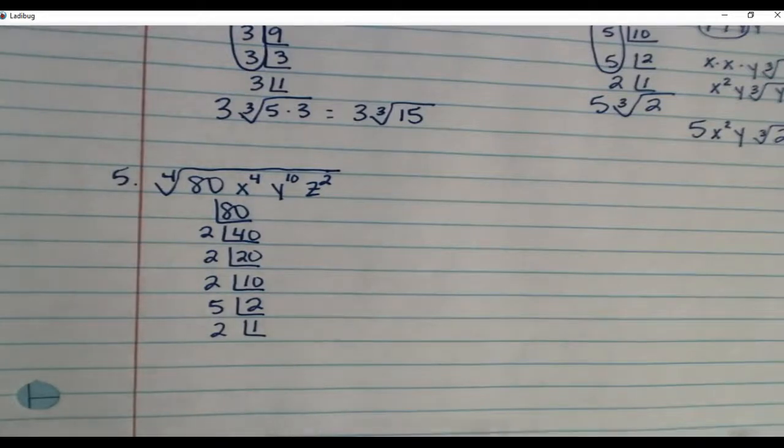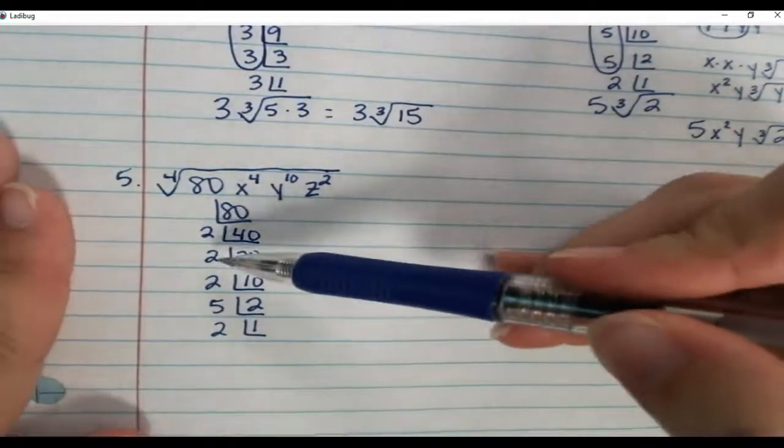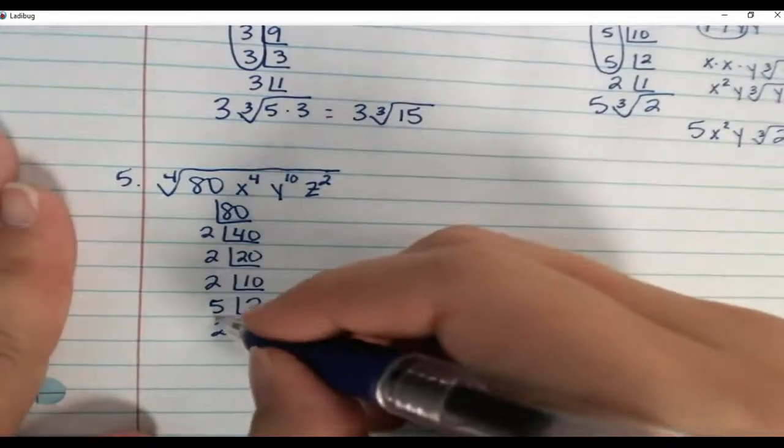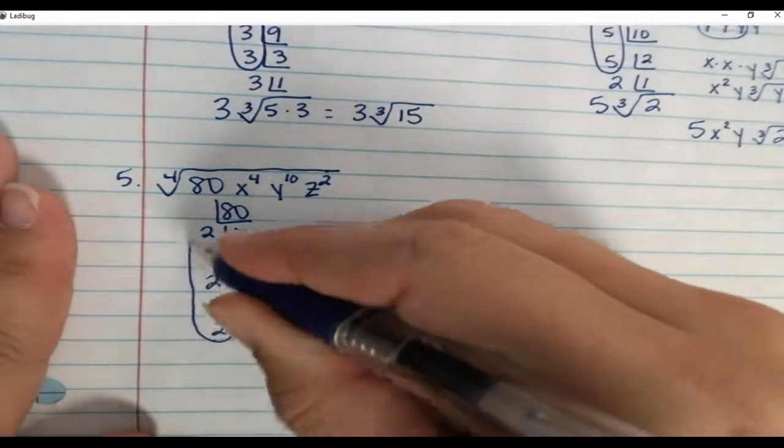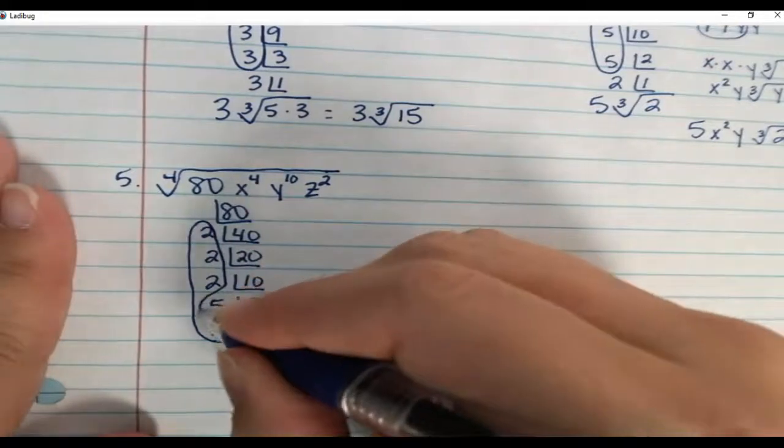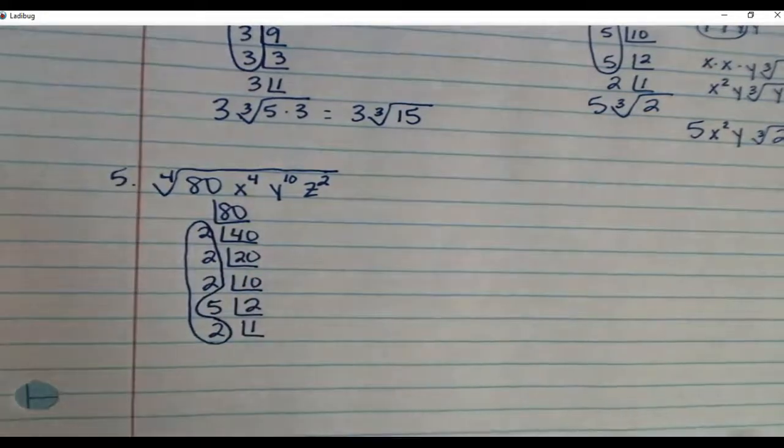So, when we had a square root, we needed 2 of a kind. When we have a cube root, we need 3 of a kind. What do you think we need when we have a fourth root? 4 of a kind. Good. Well, if I look at this, I've got 1, 2, 3, 4 2's. So all of my 2's here pair up. Square root you need 2 of a kind, cube root you need 3 of a kind, fourth root you need 4 of a kind.